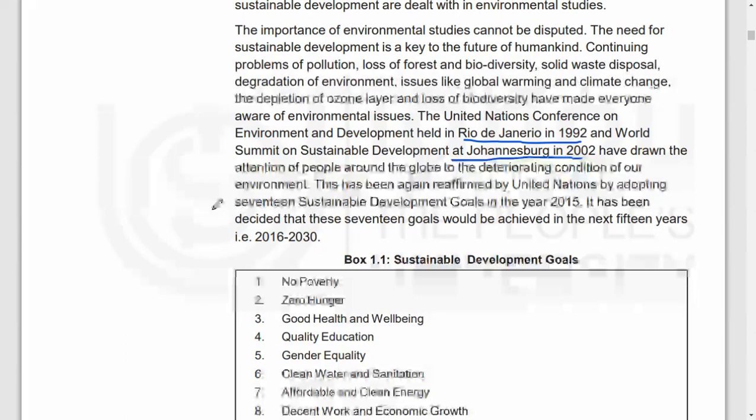This has been again reaffirmed by the United Nations by adopting 17 Sustainable Development Goals in the year 2015. It has been decided that these 17 goals would be achieved in the next 15 years, that is 2016 to 2030.